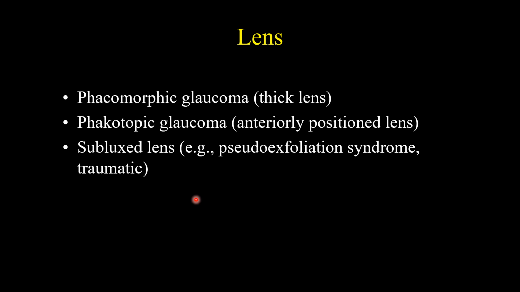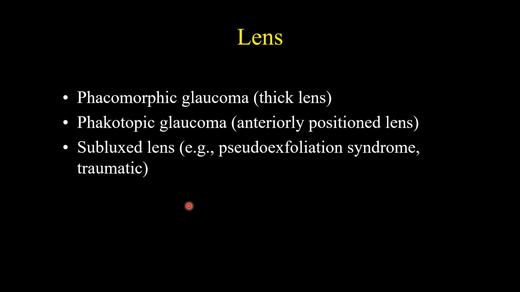of the lens. Then phacotopic. Topic means location. If the lens is not at its normal position, it is subluxated, or it is anteriorly positioned, or the subluxated lens in many diseases, the zonules are weak and the lens is not present at its usual location. These are called subluxated lens.